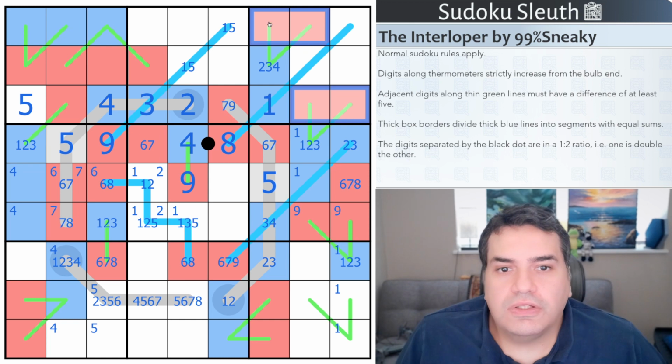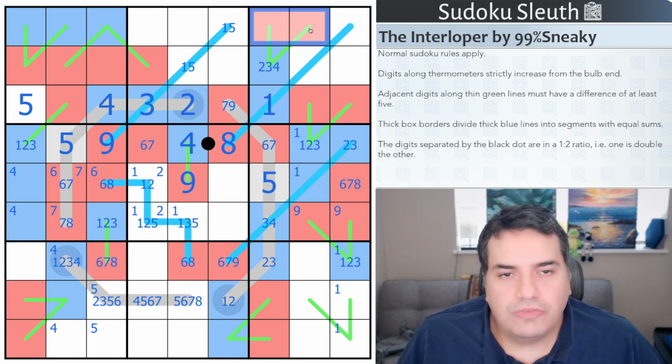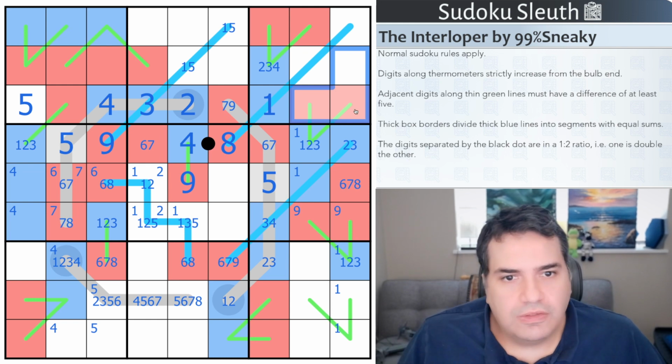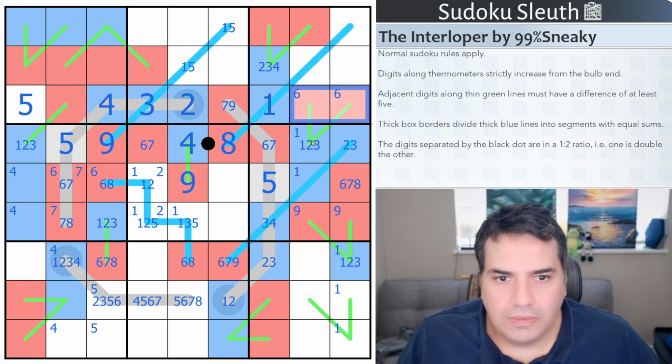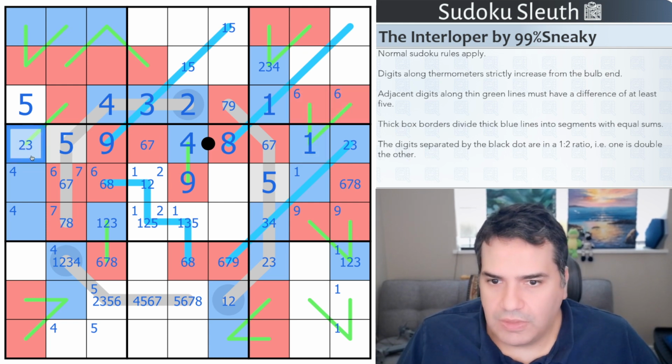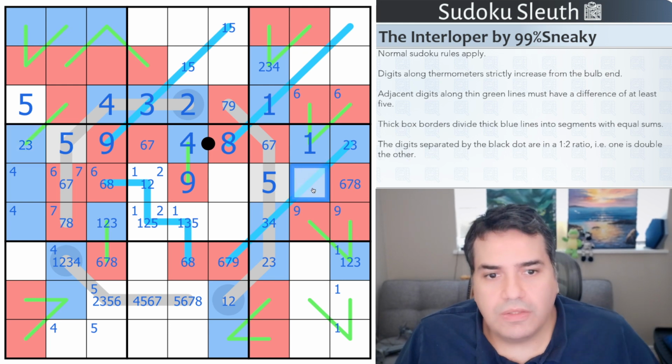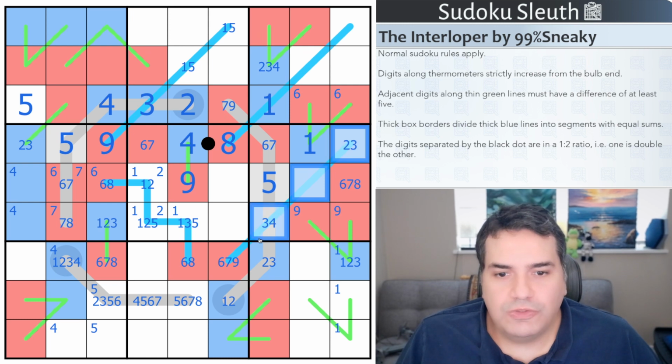The 6 you can see now is not in these 2 cells. In fact, the option was always one of these 3 cells. But the fact that I've actually got all 4 high digits, the 6 is in here, meaning this is a 1. That's not a 1. That's not a 1 either. This is now forced to be 2, 3, 4.